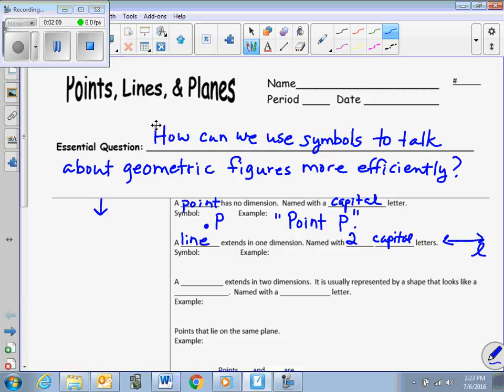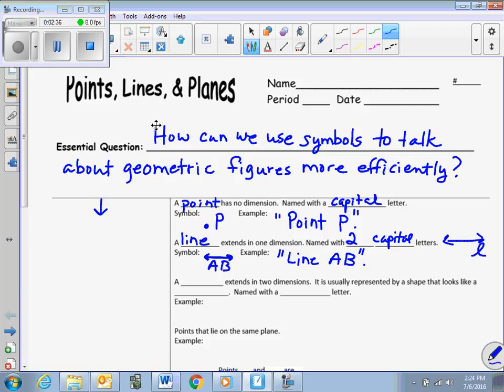So for instance, the symbol for a line would be like this, and if we wanted to talk about line AB, then that's how we would denote that there. That is line AB. All right, you got to have the symbol on top, and you got to have arrows on both ends so that everybody knows we're talking about a line.